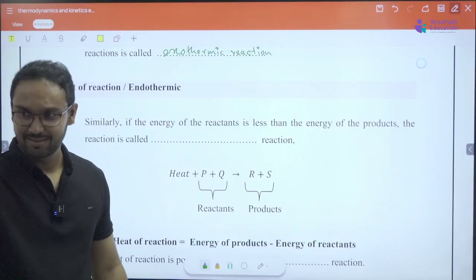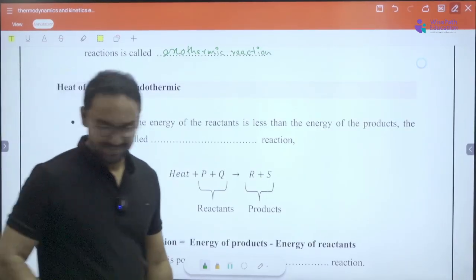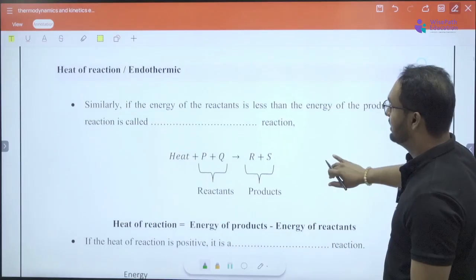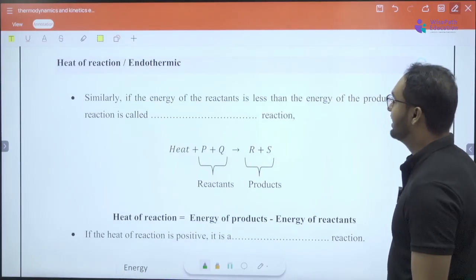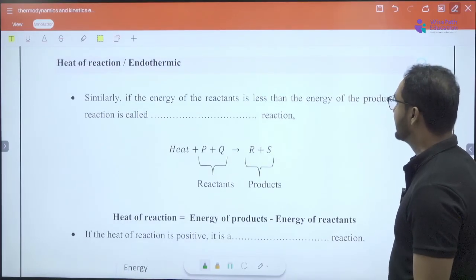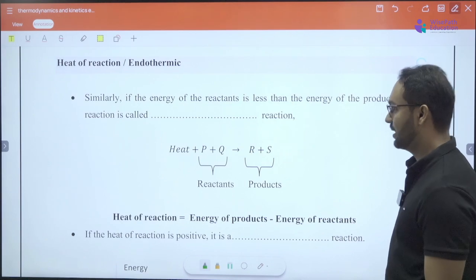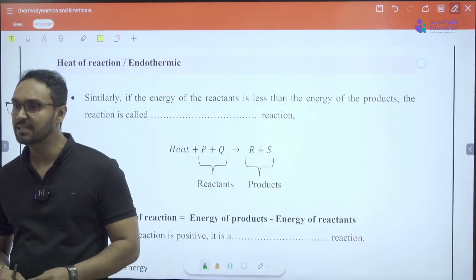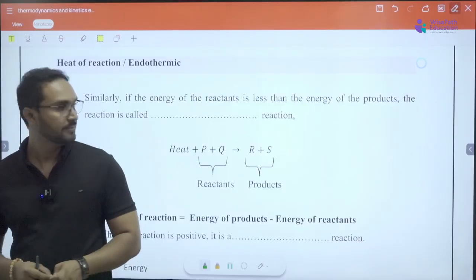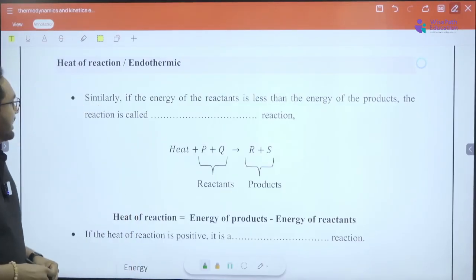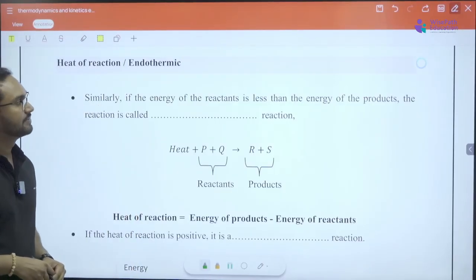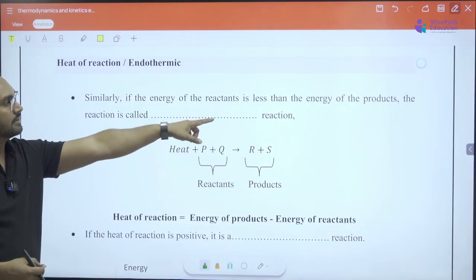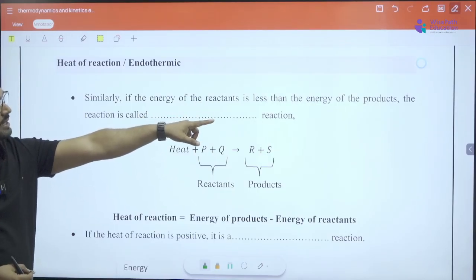Right. So now, similarly, if the energy of the reactants is less than the energy of the products, right? The energy of the reactants is less than the energy of the products. The reaction is called what?